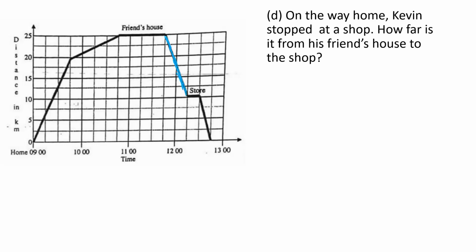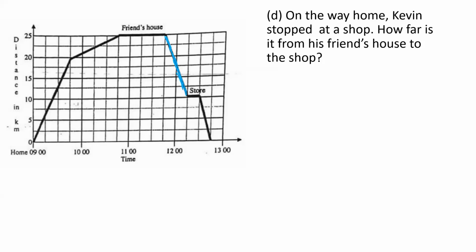So this part represents the part where he's going back home. It says on his way home, Kevin stopped at the shop. How far is the shop from his friend's house? What do y'all think is the answer?